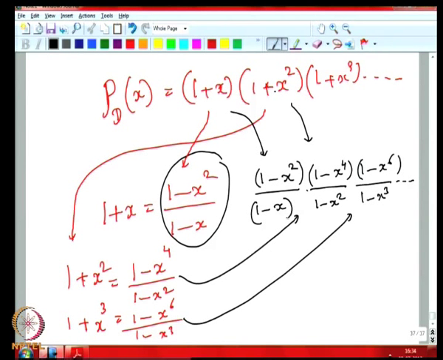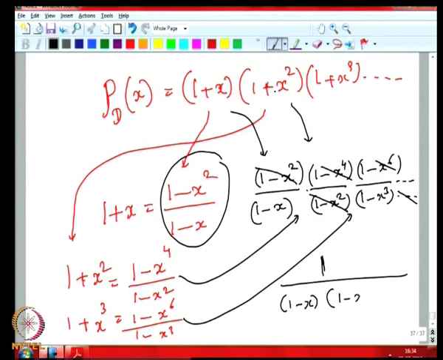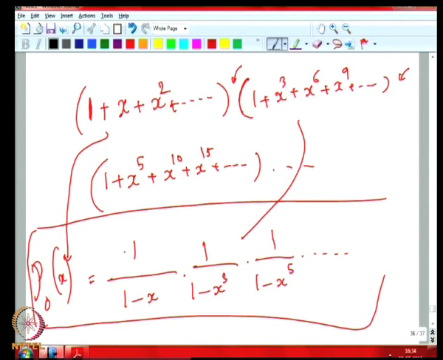Below we have everything: 1 minus x, 1 minus x square, 1 minus x cube, 1 minus x raised to 4, and so on. So all those things which appeared in the numerator will cancel off from here, right. What will remain in the numerator will be 1, and below we will have 1 minus x, because even ones will go away, 1 minus x cube, 1 minus x raised to 5, and so on. If you remember, this is exactly this, right, and that is PO of x.